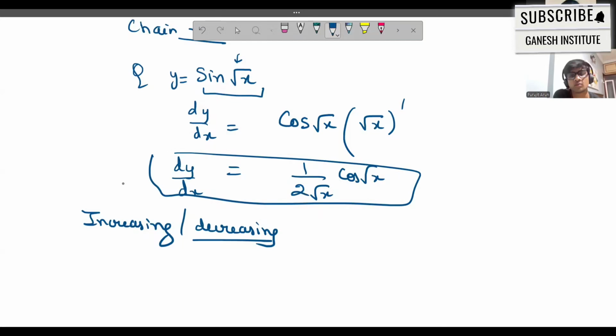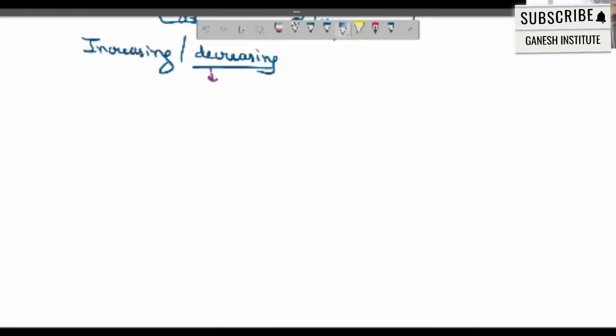Am I audible? Increasing and decreasing function we have been talking about. If I tell you that this is the function, tell me whether it will be increasing or decreasing. How would you do that? This is an increasing function. Okay, how?